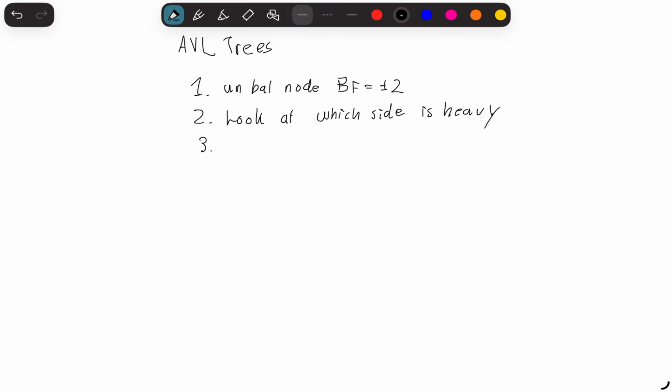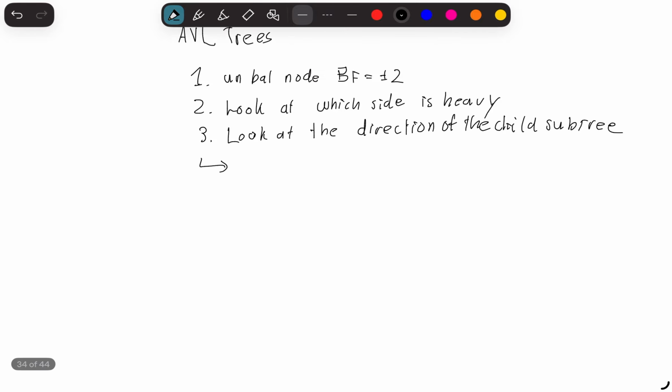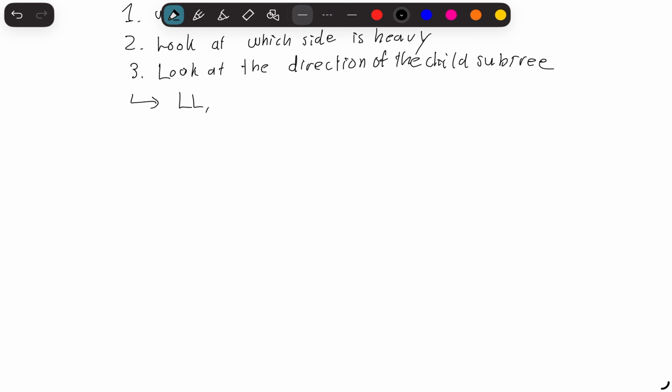And then after that, you need to look at the direction of the child subtree. And all these are going to tell you whether you have a left-left, right-right, left-right, or right-left case.